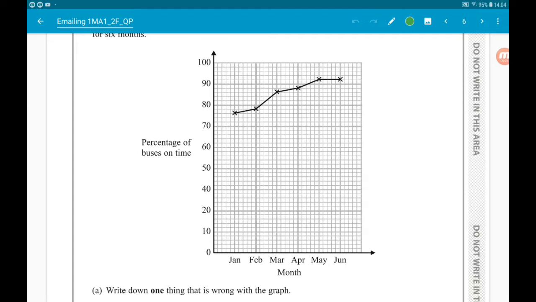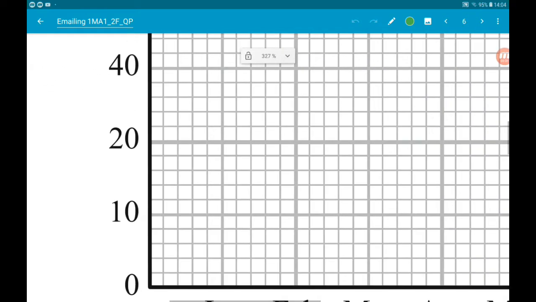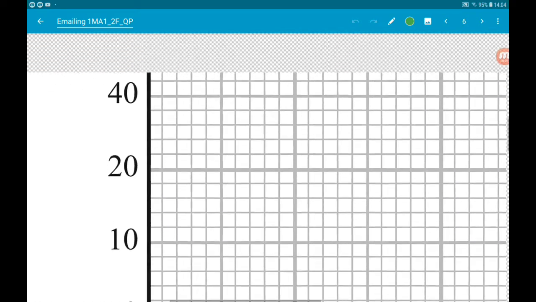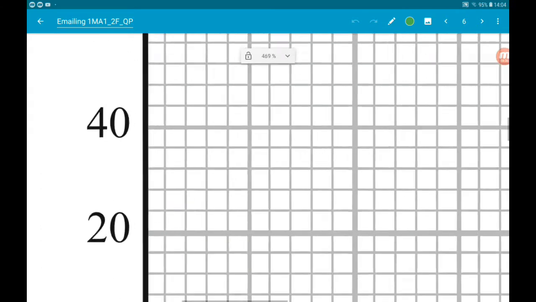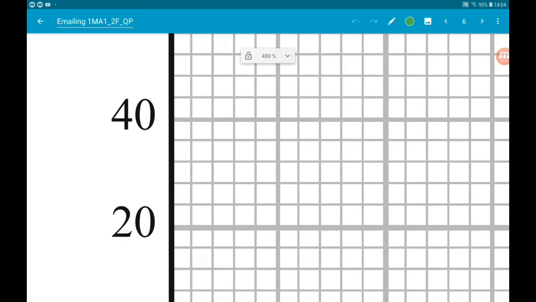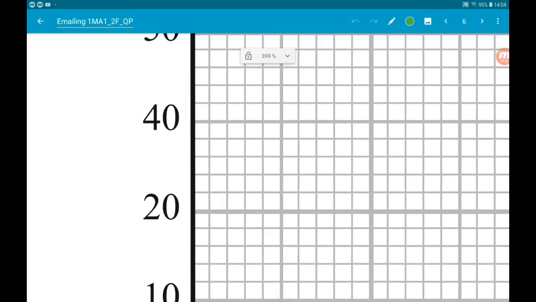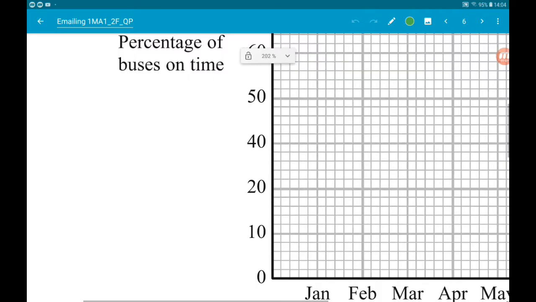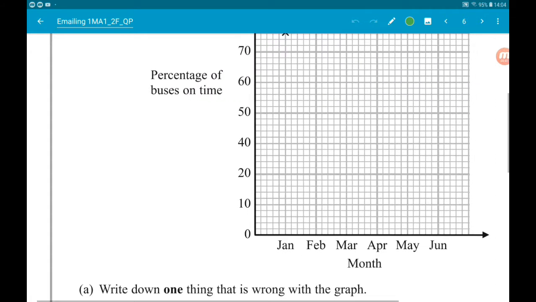Part A wants us to write down one thing wrong with the graph. So, if we look at the scale, we're going 10, 20, 40. So the problem is there's no 30 on the scale. So I'm not going to write it, but that's the problem.